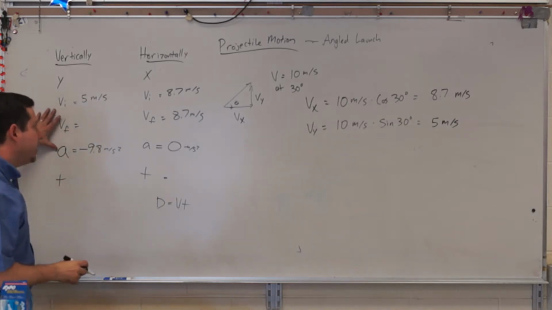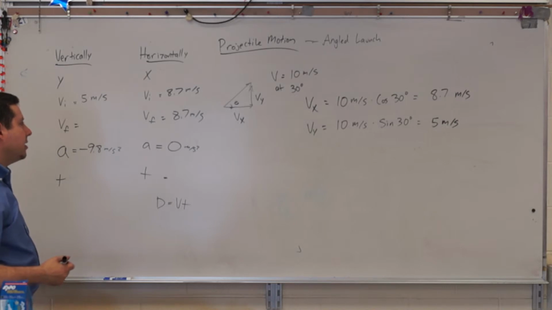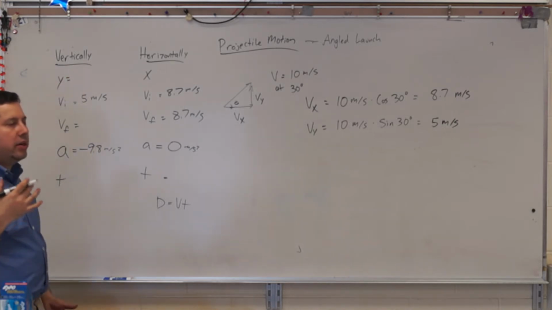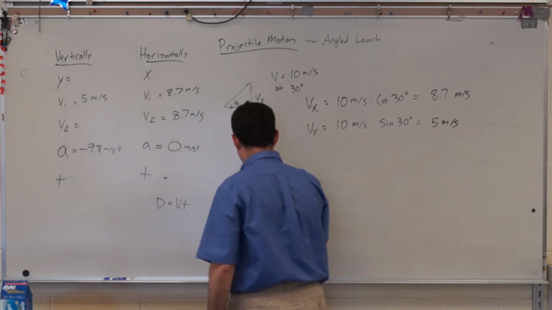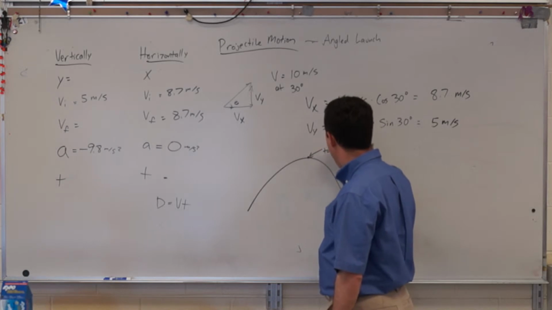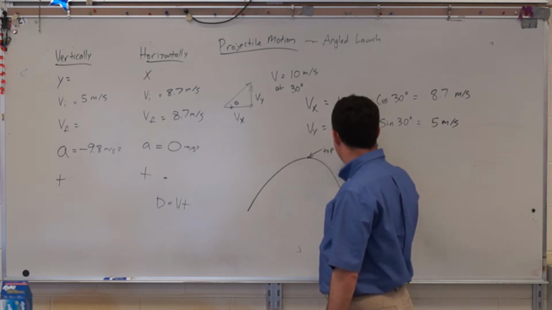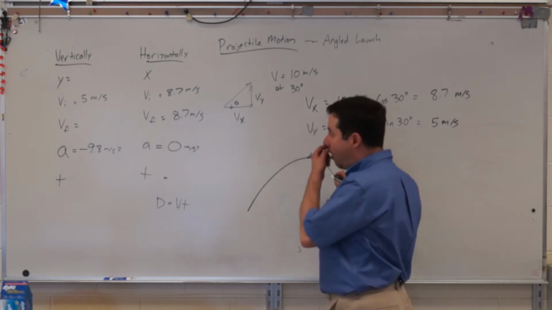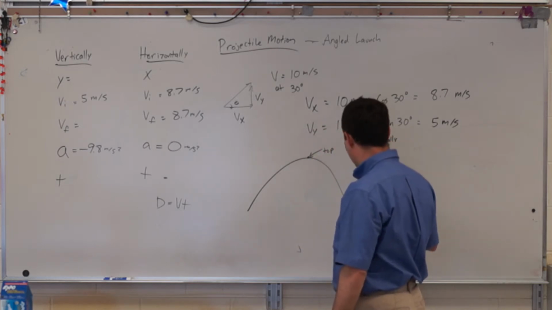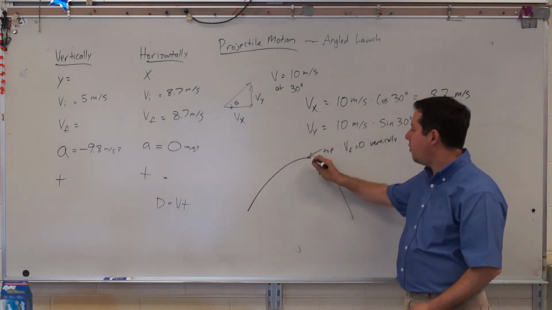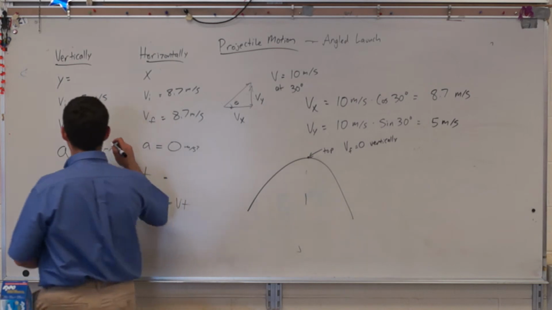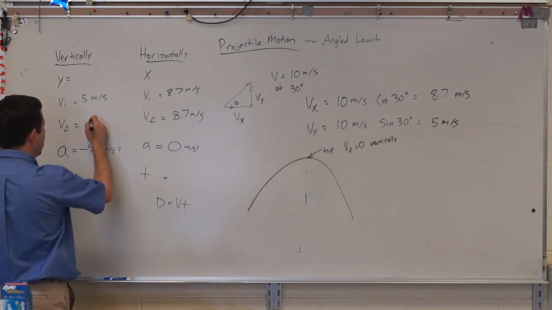The other parameters can be set based on where it's going and what's happening. So this is the path, for example. At the top, Vf is going to equal 0 vertically. So if you wanted to solve for what happens at the top, you could just say, I know what Vf is. Vf is equal to 0.